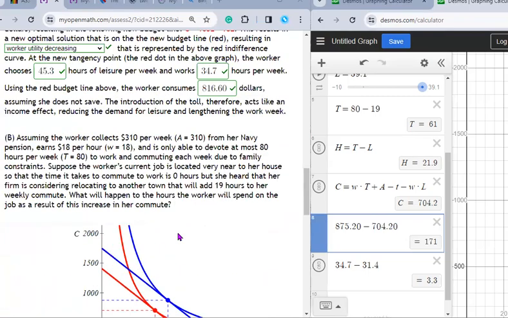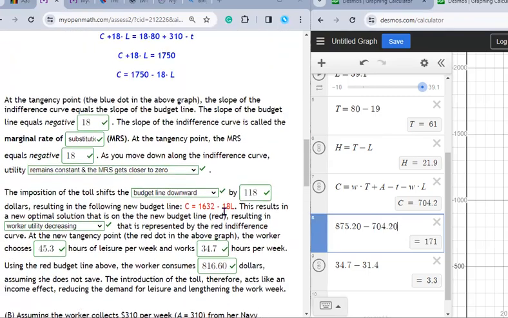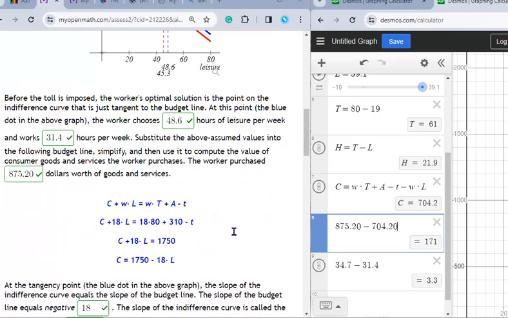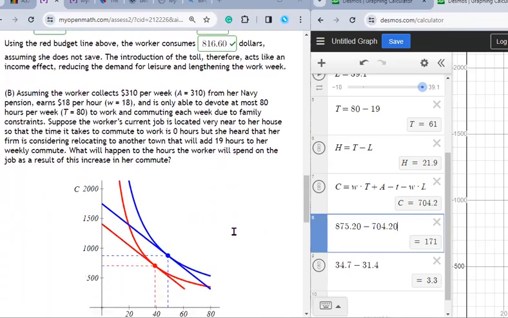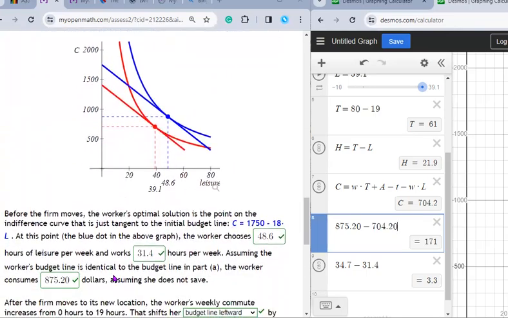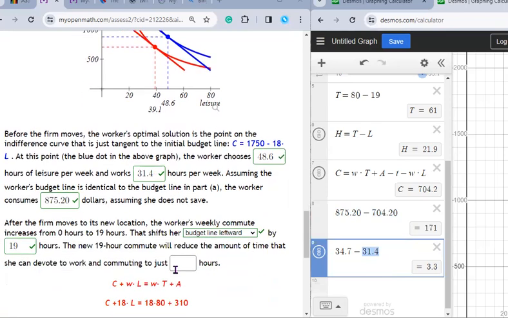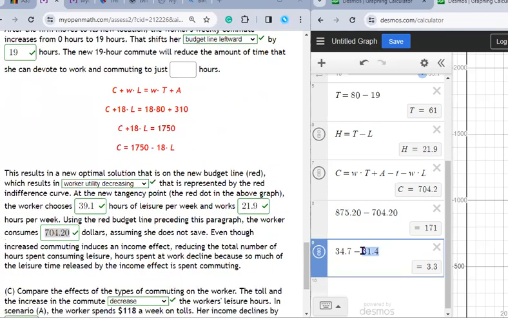Her income was $875.20 before the commute, before the toll, right? This is after the commute is increased from 0 hours to 19 hours because the company moves, right? Her hours worked were 31.4. Now her hours worked is only 21.9 because of the commute.